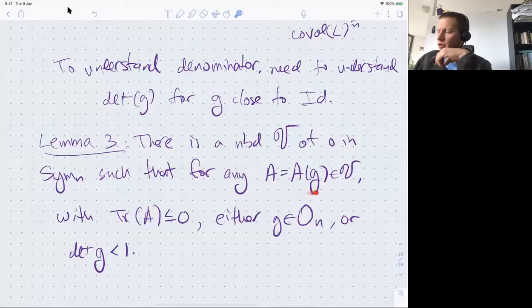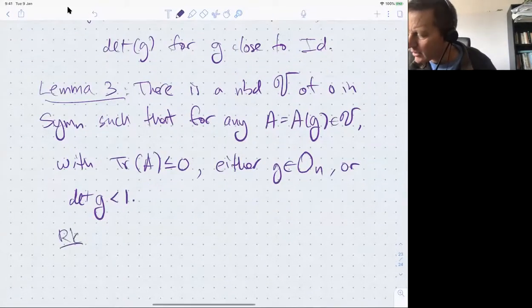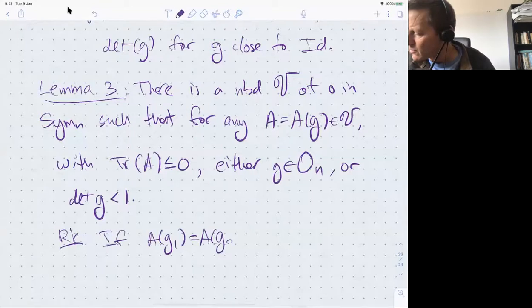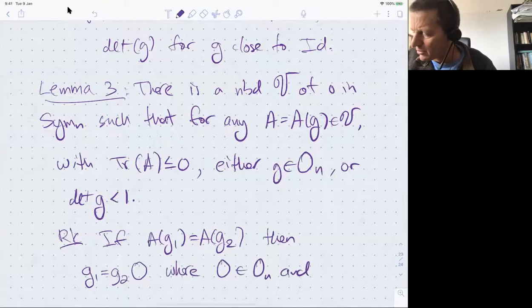If they differ by an orthogonal transformation, then their determinant is the same. So I'll add that as a remark very quickly. Remark, if A of G1 equals A of G2, then G1 equals G2 times O, where O is an orthogonal transformation, and therefore their determinants are the same.